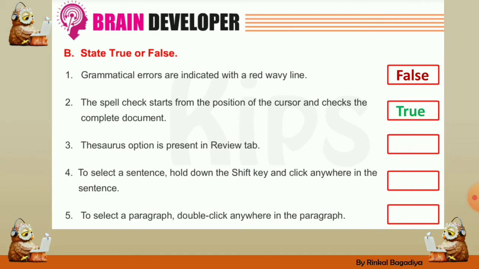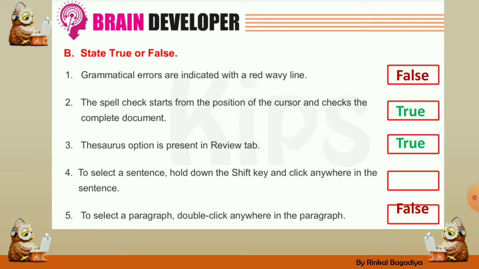Number 3, thesaurus option is present in review tab. It is also true because the thesaurus option is available in the review tab in Word 2010. So answer 3 is also true. Number 4, to select a sentence, hold down the shift key and click anywhere in the sentence. Is it true? No, it is false, because when we want to select a sentence, we have to hold down the control key, not the shift key.